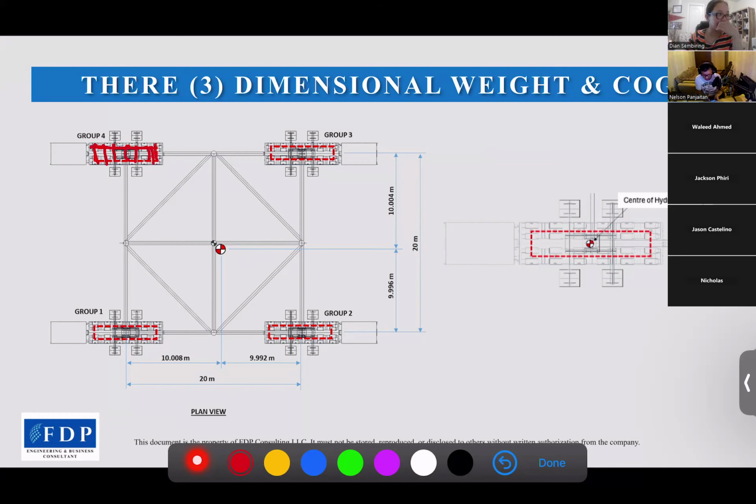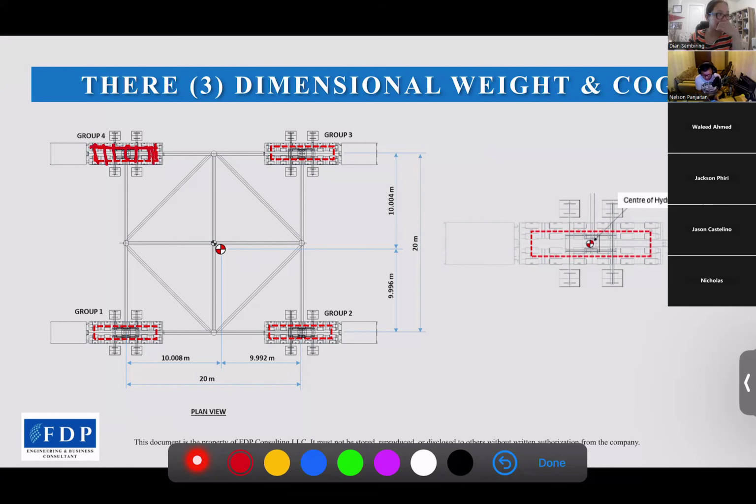Then group 1 and 4 will be at the left side, and groups 2 and 3 will be at the right side. And the COG will be here, 10.008 and this will be 9.992.